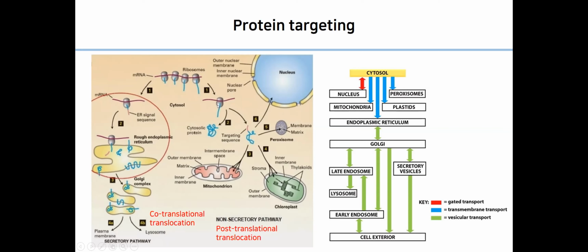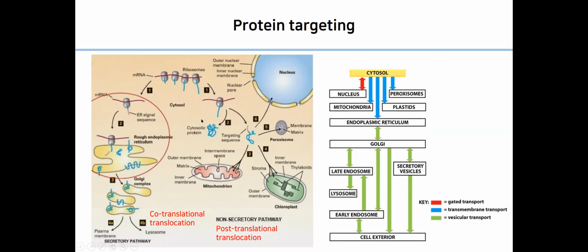Among them, today we will focus on four possible destinies. One is secretion out of the cell. Other is embedded in the membrane. These are categorized as the secretory pathway, or we call it co-translational translocation, because translation and translocation occur at the same time.